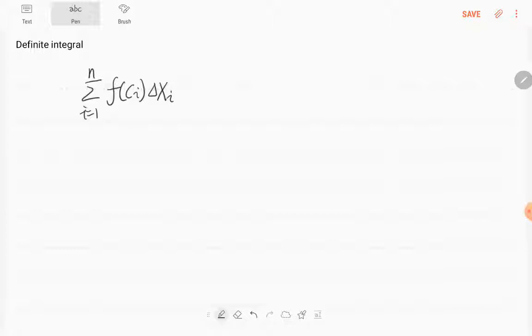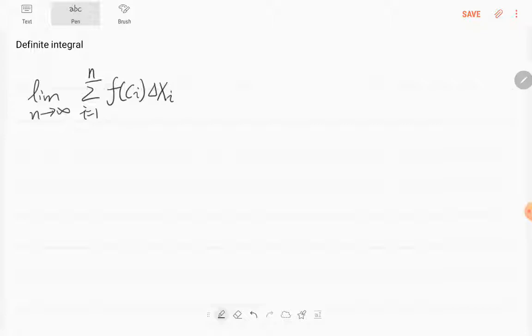And we know how to get the exact area: we let n, the number of subintervals, approach infinity. So we take the limit as n approaches infinity for the sum. Then this would be the exact area, right?